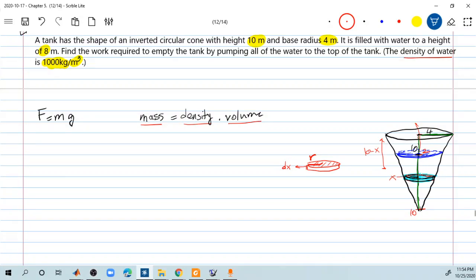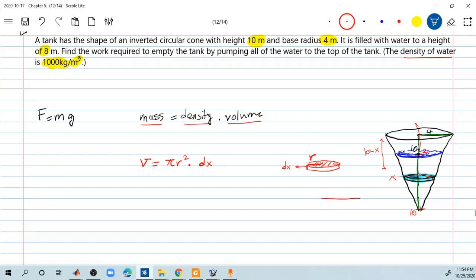If we figure out the radius, then we can find the volume, because the volume is the surface area multiplied by the height. The surface area is the area of a circle, pi times r squared. The height is dx, or delta x. I need to figure out the volume, then multiply it by the density to get the mass. So how do I find the radius?